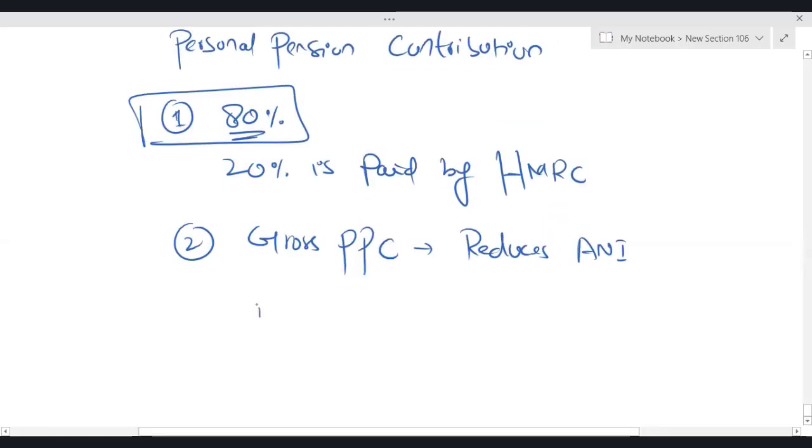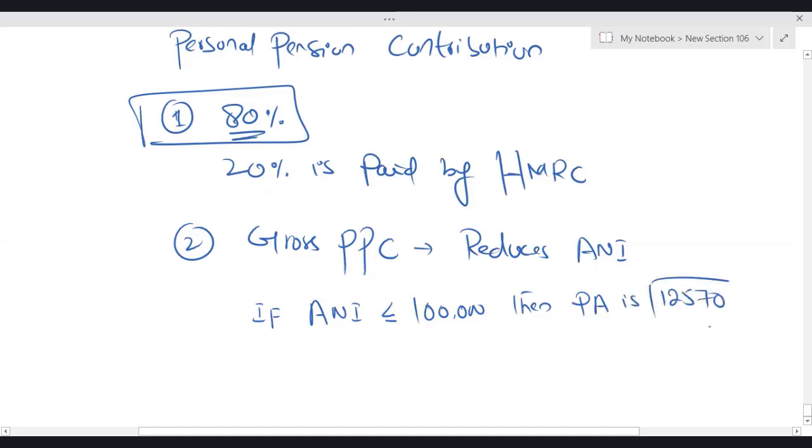If adjusted net income is less than or equal to 1 lakh, then personal allowance is 12,570. So the second benefit is that gross personal pension contribution reduces adjusted net income.